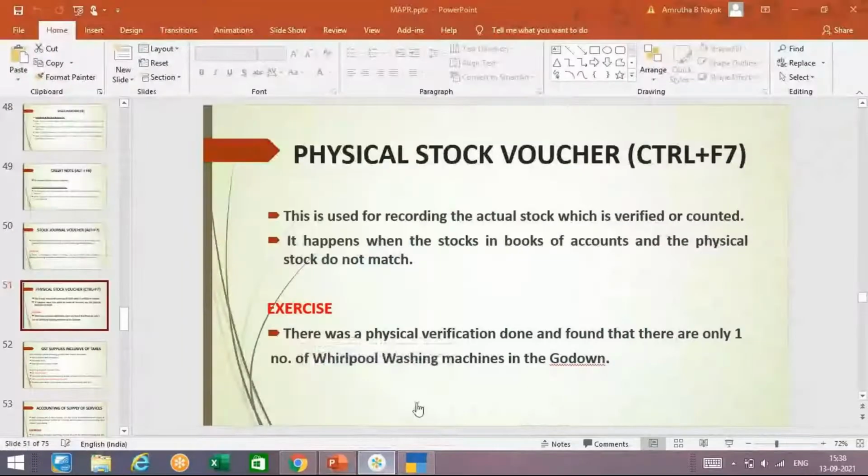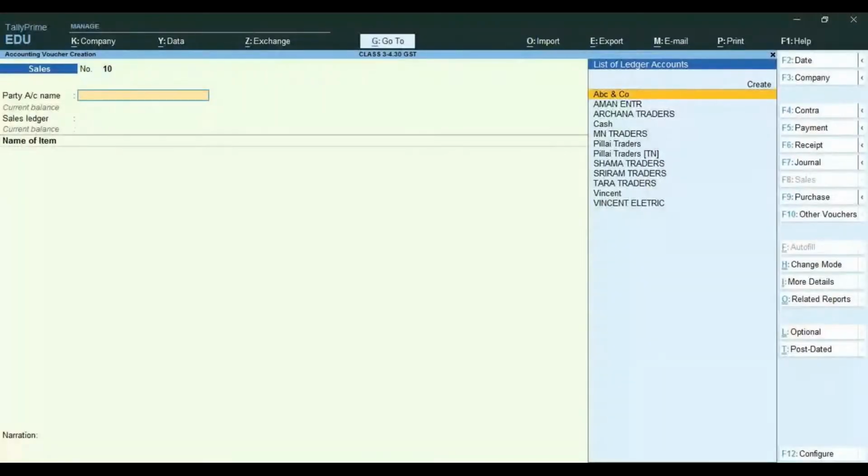Is the Tally screen visible? No, ma'am. No, ma'am. One second. Now, yes, ma'am.